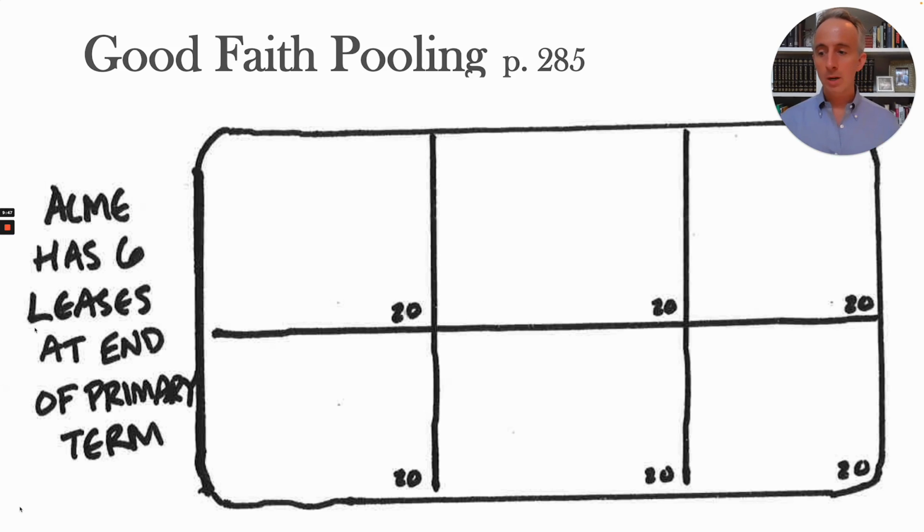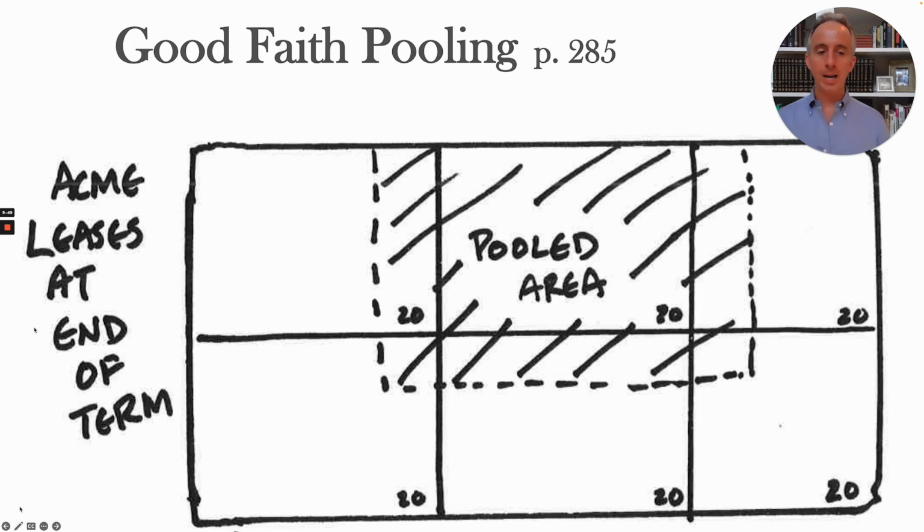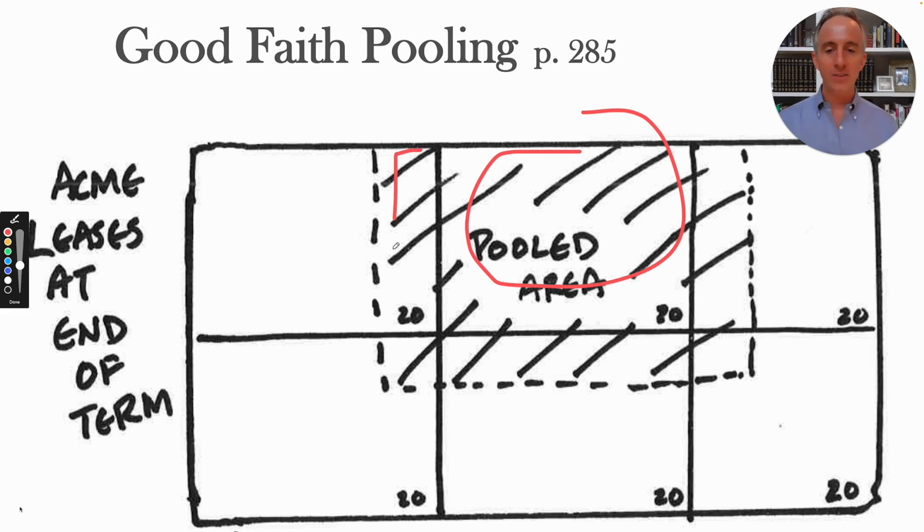Okay, so here is one way you might be able to do it. What if you just pooled the middle of these so that you actually got all of this property in the middle, but you got just a little bit of all these properties on the side.